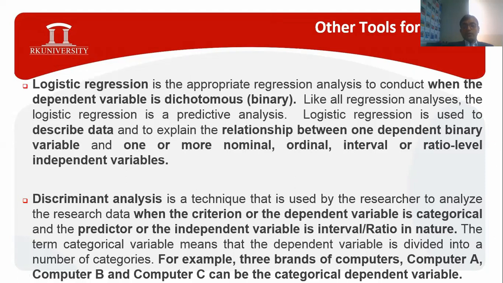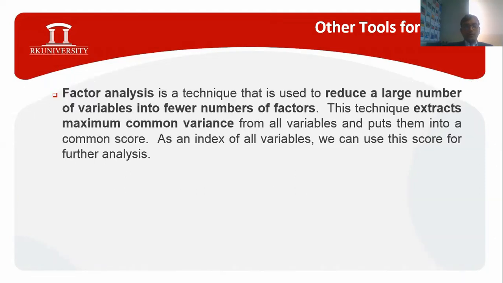Another very important statistical tool which you can use is factor analysis. There are two types of factor analysis. One is called exploratory factor analysis. Second is confirmatory factor analysis. You can use exploratory factor analysis in situations where you want to reduce a large number of variables into a few factors, right? This works on the technique called extraction of maximum common variance from all the variables and putting them into a common score.